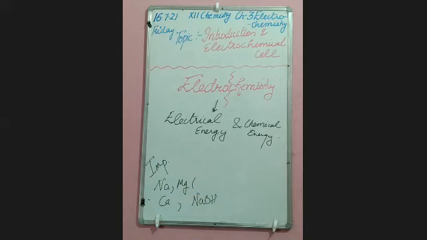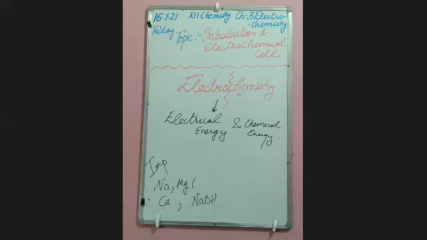Batteries and cells, which we use in various instruments and devices, convert chemical energy into electrical energy. The most important function in our body, the sensory signals sent to the brain through the cells, or from cells to the brain, or in short, I will say the communication process in our body is based on electrochemical phenomena.